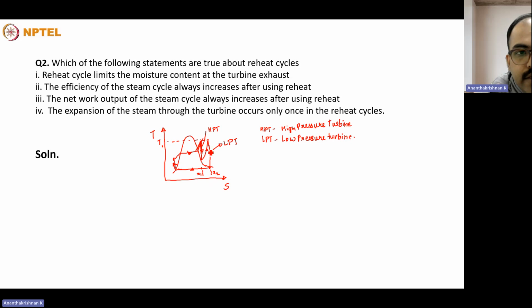If you have a liquid which is having a higher density compared to vapor, there is every possibility that there will be chances of corrosion on the blades because of its higher density and mass. So the reheating improves the quality of the steam at the exit of the turbine exhaust. So option 1 is right. So that is given.